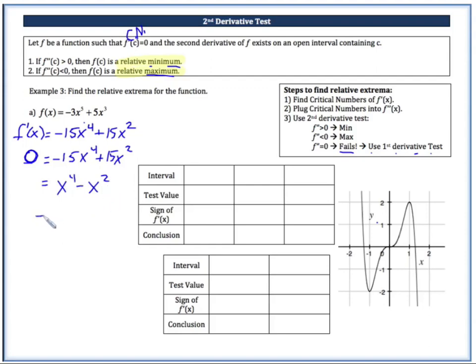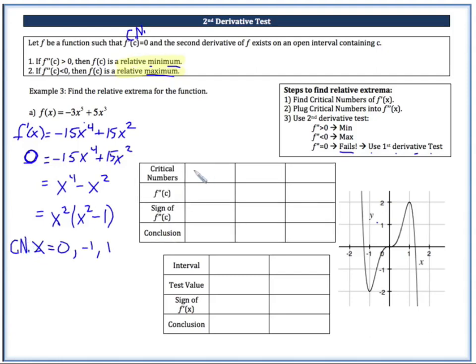So now let's go ahead and take out a common factor of x squared, and we're left with x squared minus 1. And so looking at this, we can see that x is going to equal 0, negative 1, and 1. So these are our critical numbers.